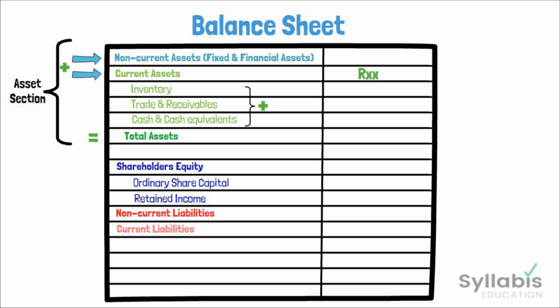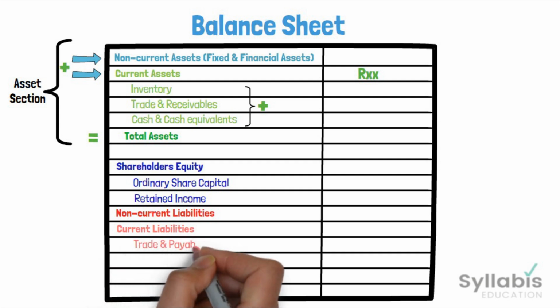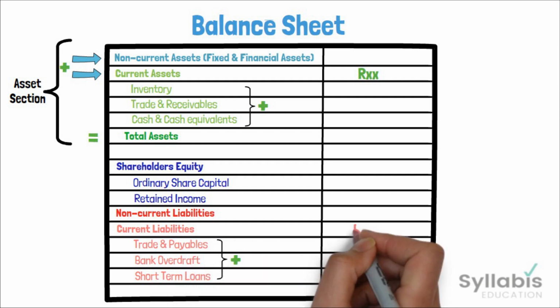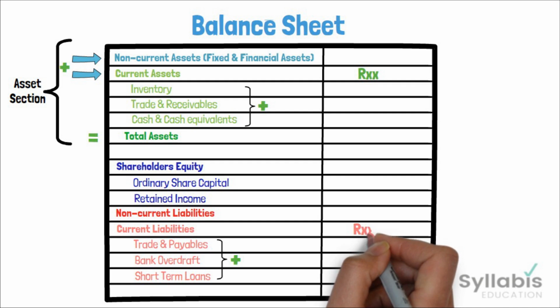The current liability section is made up of trade and payables, which are things like creditors and other small debts, the bank overdraft, and any short-term loans. When you add these three amounts, you will get the total amount of current liabilities.